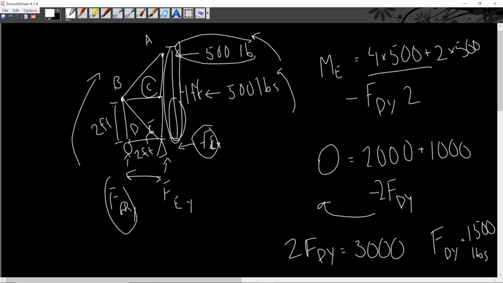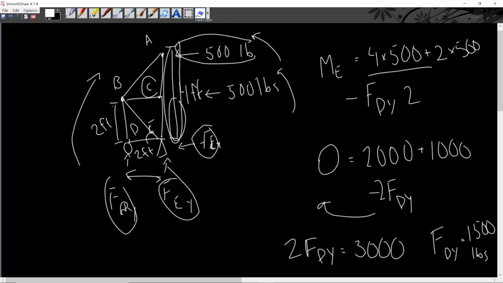Okay, and now we can start calculating Fey, right? That's the other vertical force. And let's see. I'm not sure. This graph is getting a little bit cluttered, but I don't think there's another vertical force acting on it other than Fey.